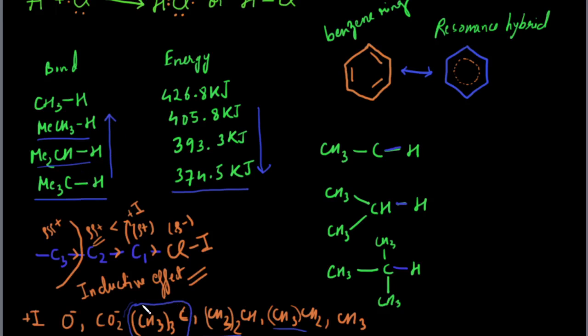So we have here the plus I effect. The bond dissociation energy of this compound is less than this compound, due to the plus I effect on the carbon atom, carbon and hydrogen atom.